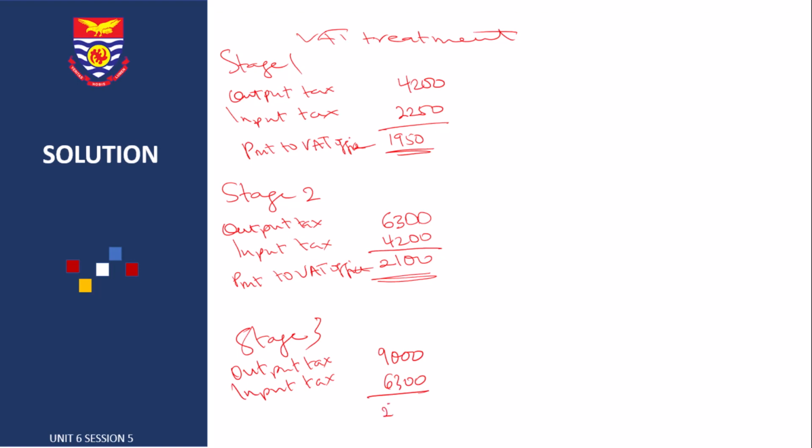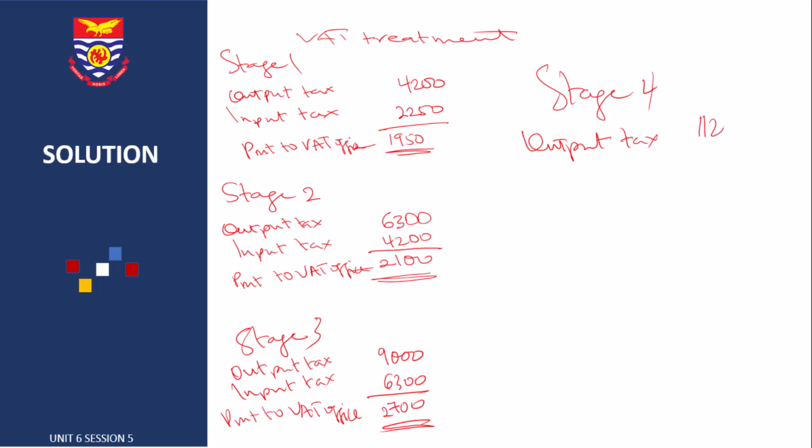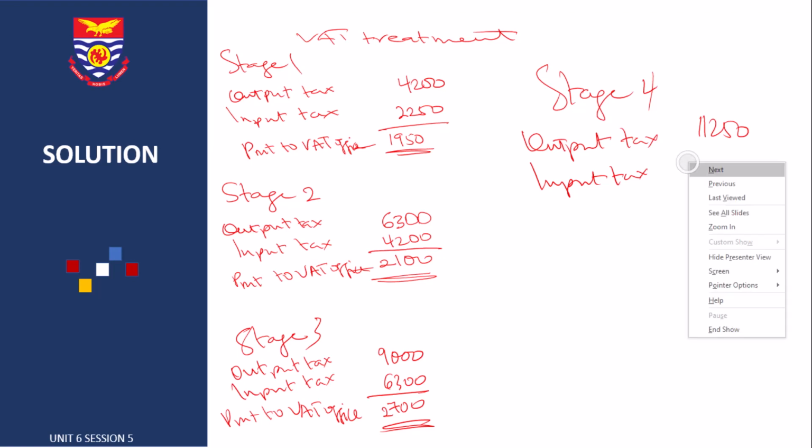The difference is 2,700. This is also payment to the VAT office. Then the last stage, stage 4, we had output tax of 11,250 and input tax of 9,000.